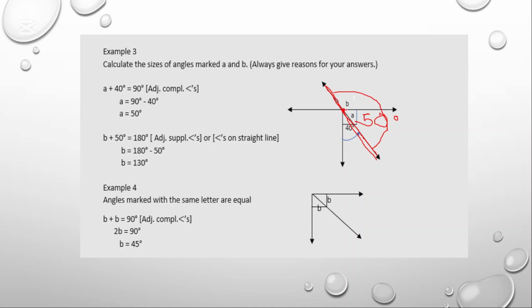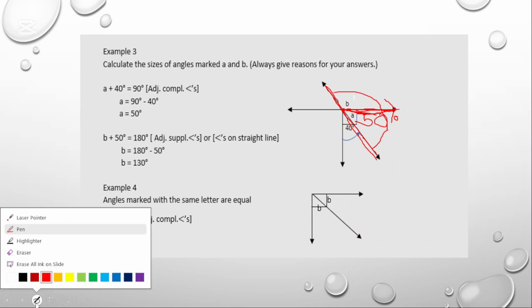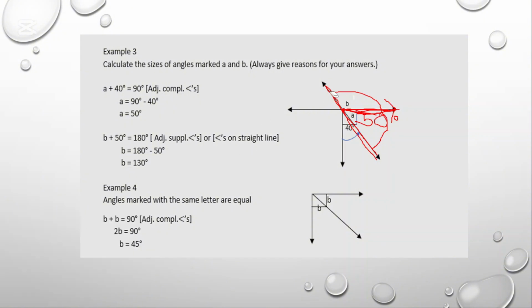They share this common vertex here, and actually they share this common side here. There we have a common side and they share that common vertex, so they are equal to 180. Okay, so let me just get rid of all this mess here.